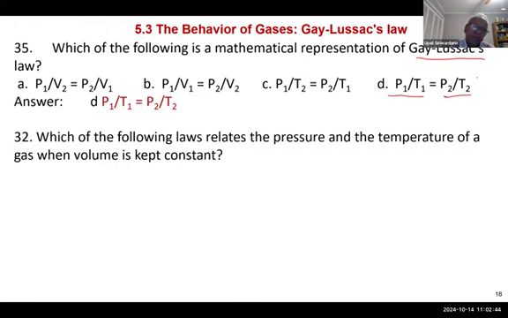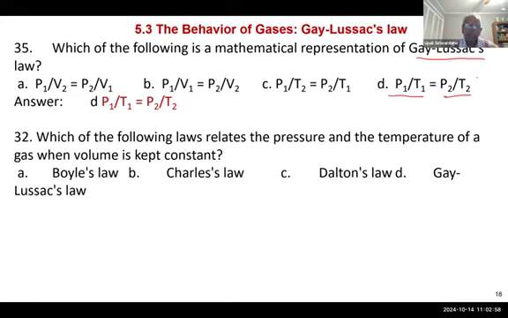Which of the following laws relates pressure and temperature? Pressure and temperature, volume is kept constant. That's Gay-Lussac law. D is the correct answer.